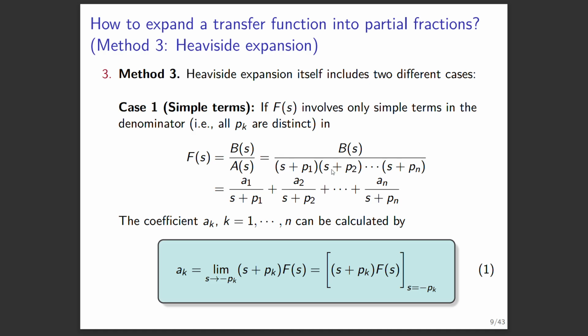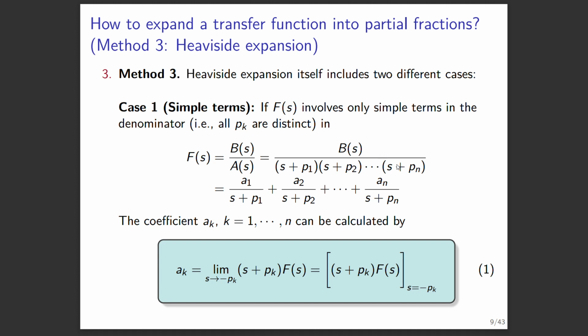It means I'm holding my hand on this term as if it doesn't exist. Then taking the limit for s going to negative pk means: imagine this term doesn't exist, and substitute the root of it, which is negative p2, into all other terms.